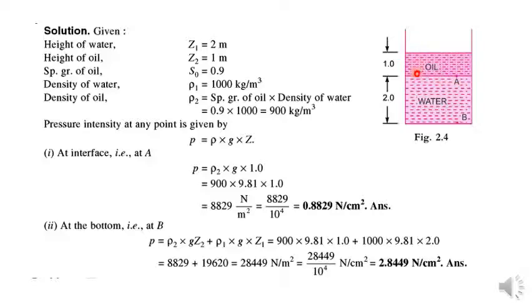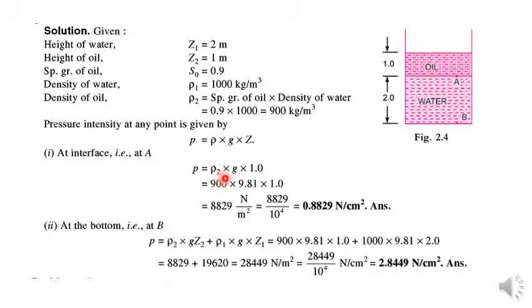Because the height of the column, the pressure head of the oil, is the same throughout the width of the tank. If this height remains the same, there is no variation of the pressure head, then the pressure intensity will remain the same. Your pressure intensity is directly proportional to pressure heads. So at each point on this interface of oil and water, the pressure intensity will remain the same, and we can determine it very easily.